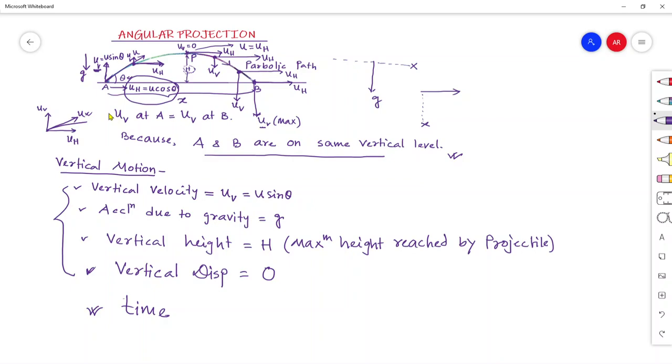For example, the object projected from point A and landed at point B. If I consider how much time the object took, so this time t the object took, and in this time t it traveled x meters horizontally.